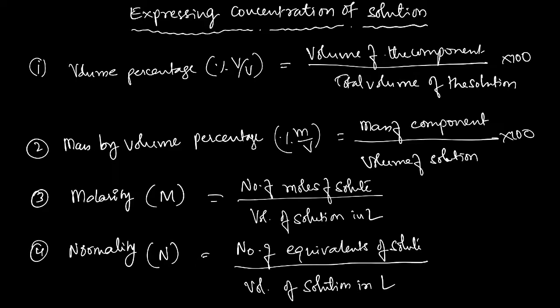Again, if the denominator is not expressed in liters but in milliliters, then I should multiply it by 1000. So these are the 4 concentration terms which we generally use, which are volume based.